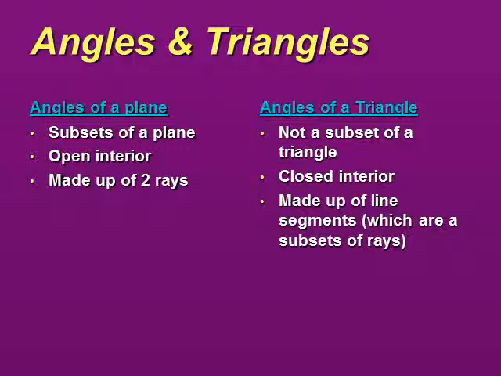Okay, but a book of gardens is a subset of a garden. Okay, that book is going to display a lot of gardens. Okay, so similar but different. So hopefully that clears up how the angles of a triangle are different than the angles of a plane.